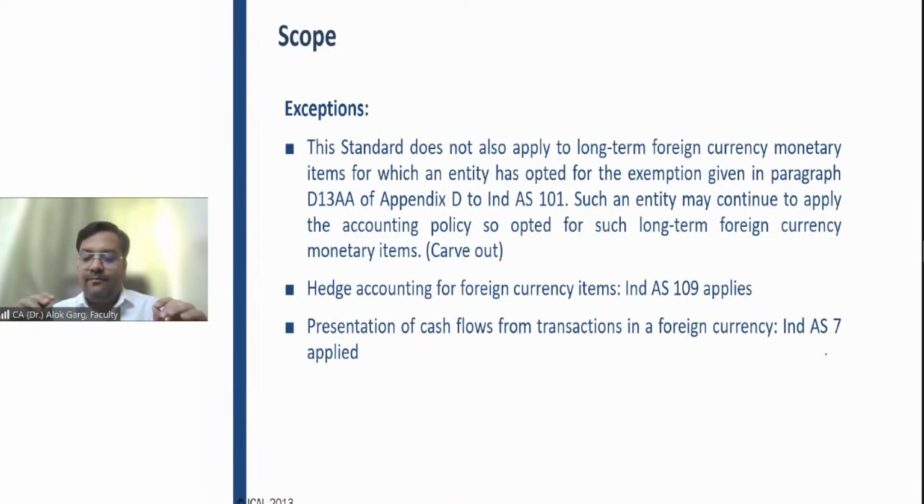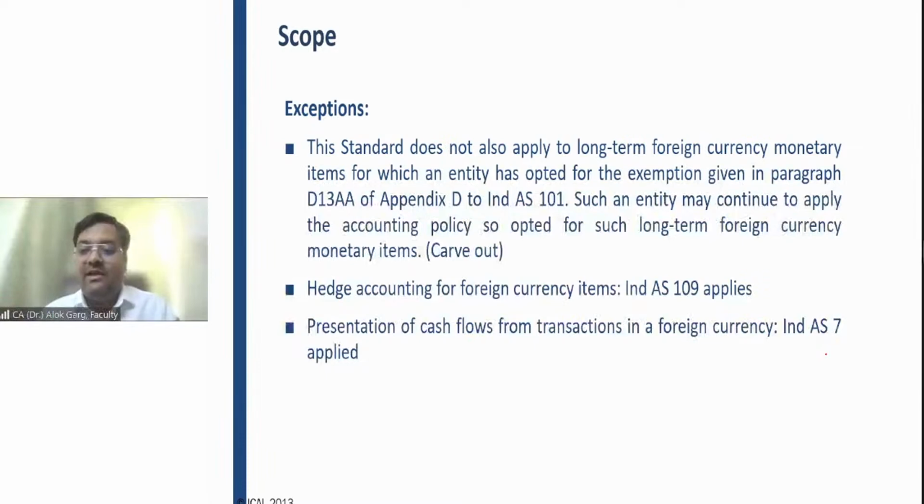It says that the Indian companies which are moving from accounting standard to Ind AS, if they have taken a foreign currency loan prior to the date of implementation of Ind AS, whatever treatment they were following in accounting standard 11, they can continue to follow the treatment for the older loans. But if they are taking a new loan, then of course Ind AS 21 treatment will be applicable.